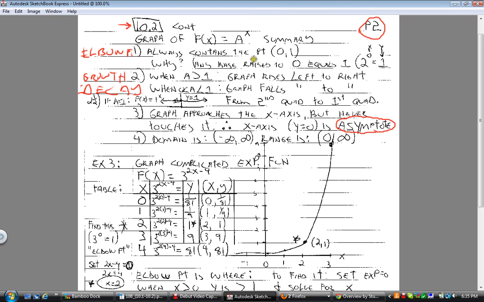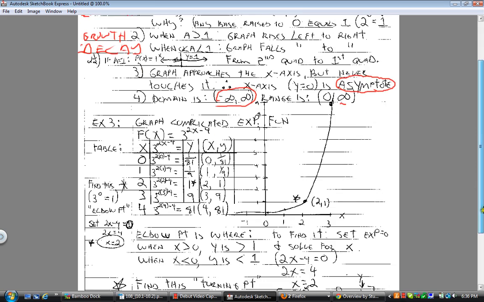So you're going from negative infinity to infinity. And the range, which is going on the y-axis, you are going to start at 0 but never touch it. As the graph is going up on the y, the vertical, it'll approach positive infinity. So you can make those conclusions there.